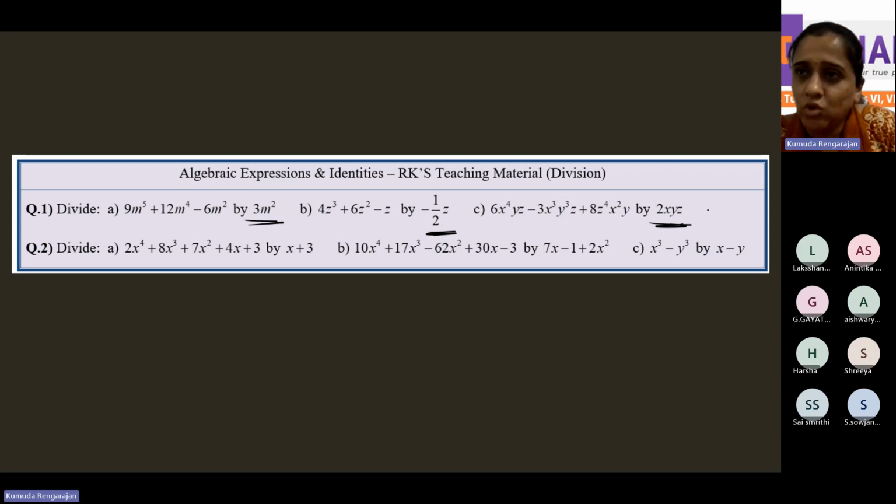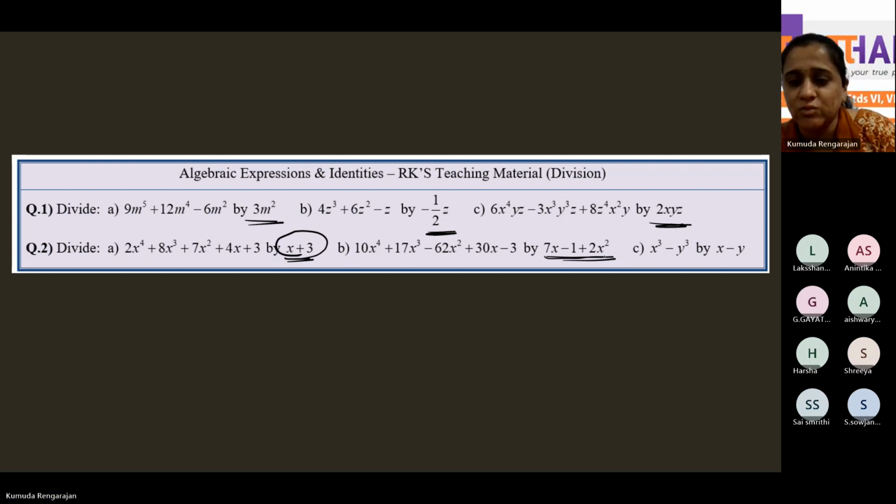When you're dividing by a monomial, we will not use a long division method. But when it is not a monomial, that is if it's a binomial or a trinomial, see, you're dividing by x plus 3, which is a binomial. You're dividing by 7x minus 1 plus 2x squared, which is a trinomial. So when you're dividing by a single term, no long division.